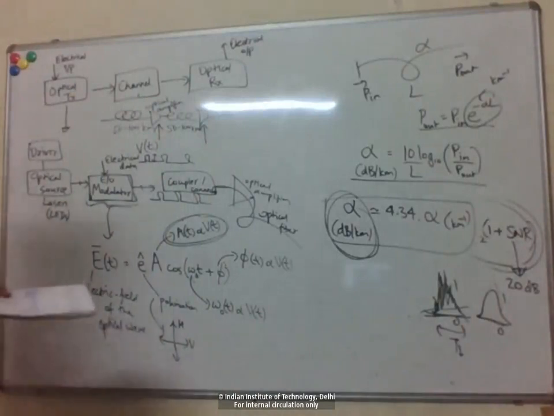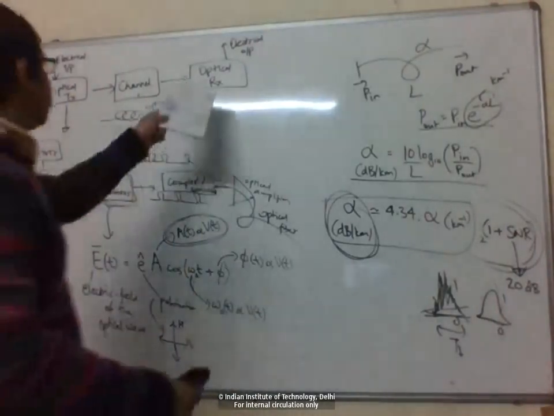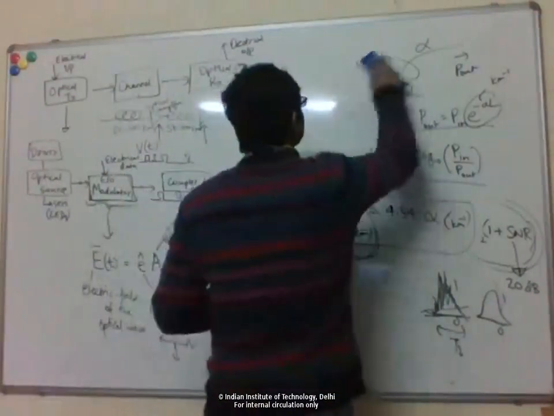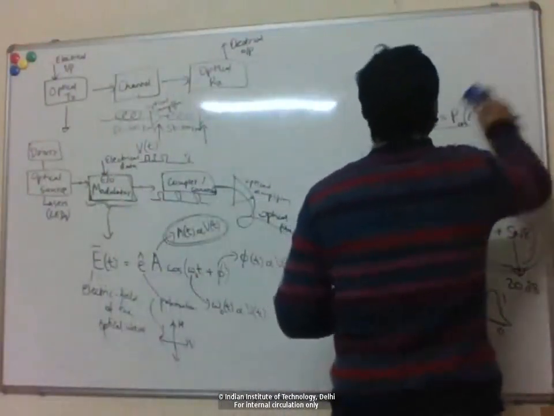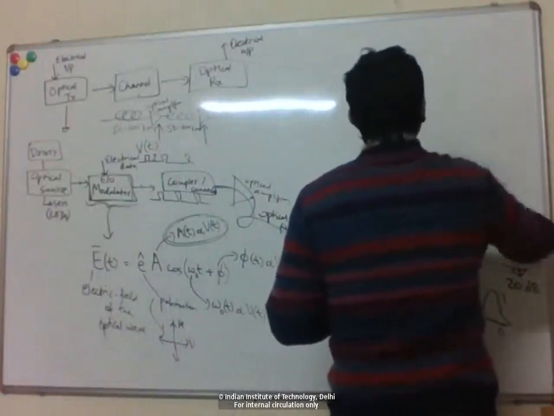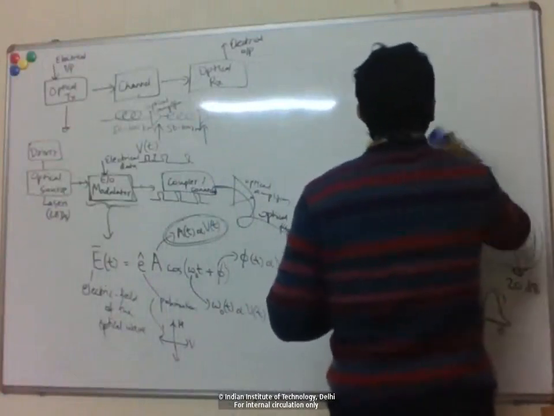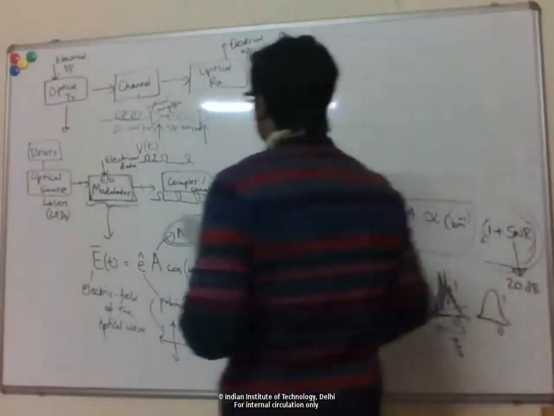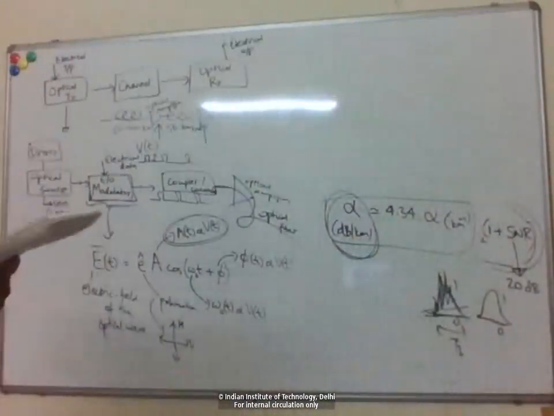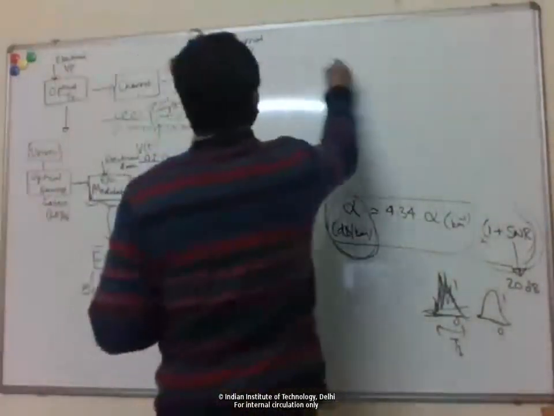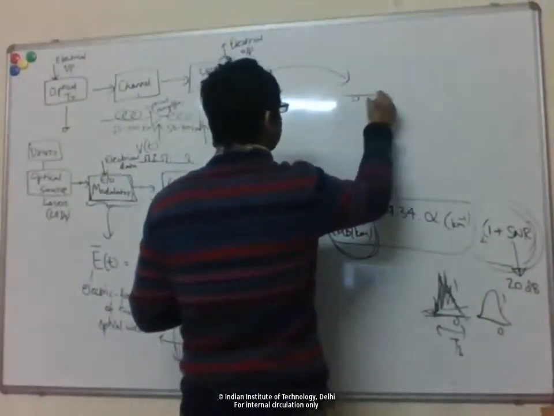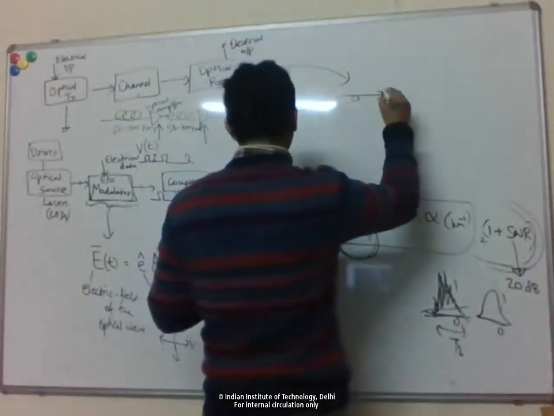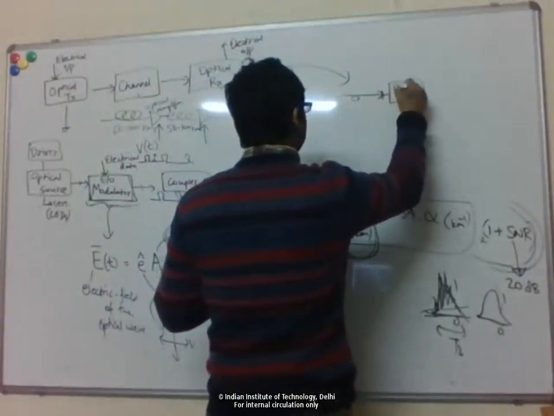Right. And then finally, we go to the receiver. So at the receiver, you have your fiber coming in, then you have a connector or a coupler, and then you have a photodiode.